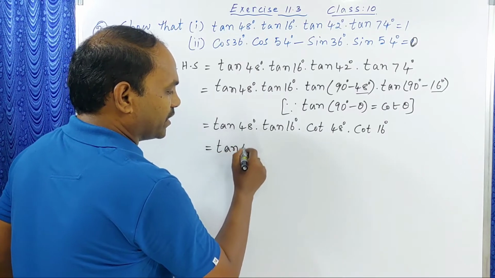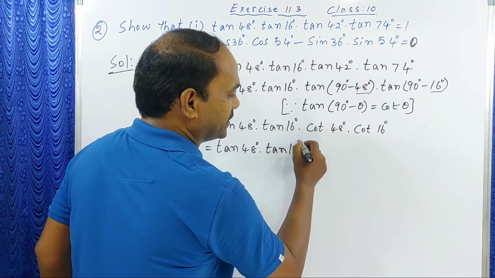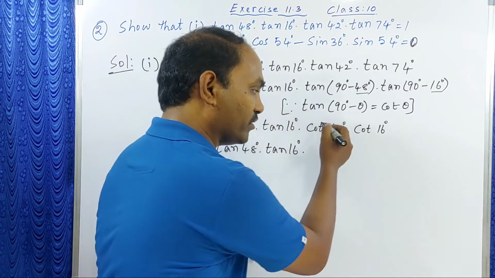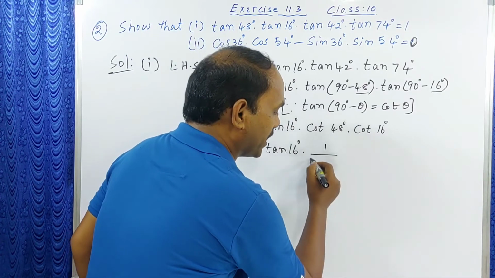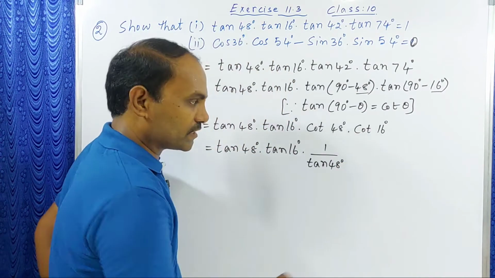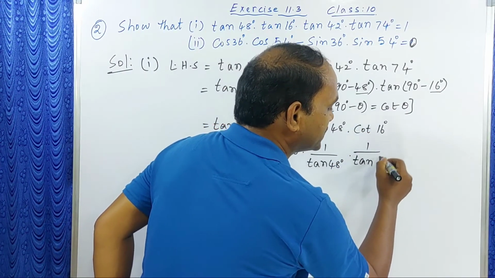Now tan 48 degrees into tan 16 degrees into cot. Cot is the reciprocal of tan, that's why we can write this one as 1 by tan 48 degrees, and this one also as 1 by tan 16 degrees.